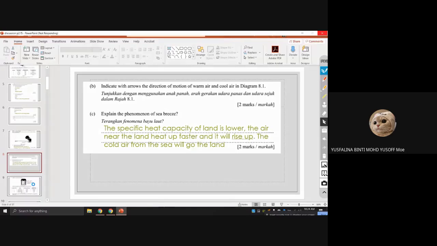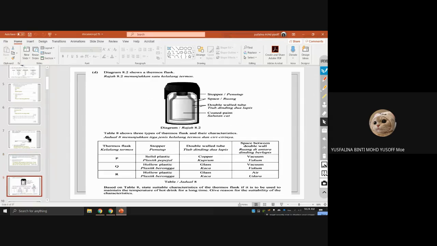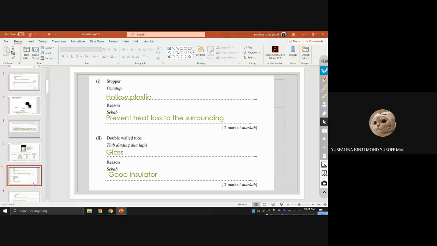Now for D, diagram 8.2 shows a thermos flask. Table 8 shows three types of thermos flask and their characteristics. For the stopper, it should be hollow plastic, because this is to prevent heat loss to the surrounding, since air is actually a very good insulator.